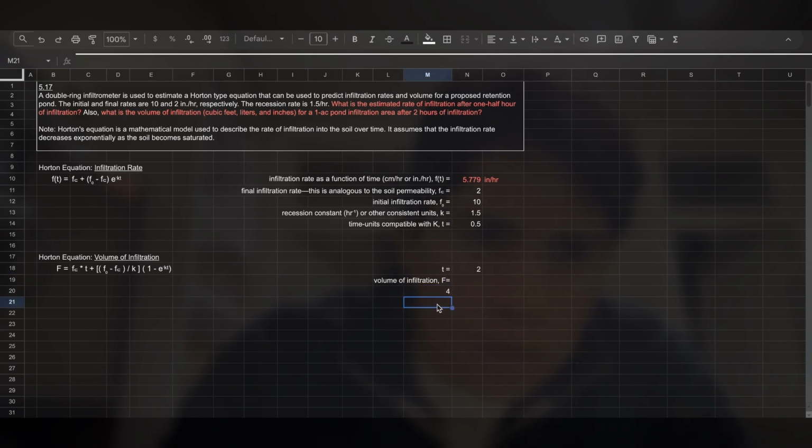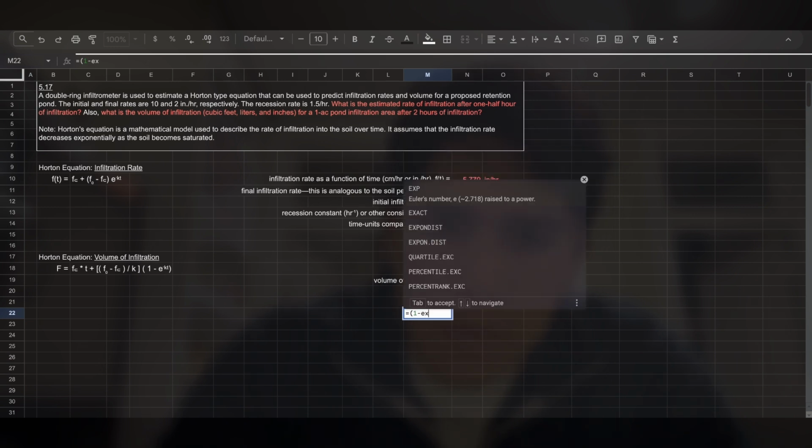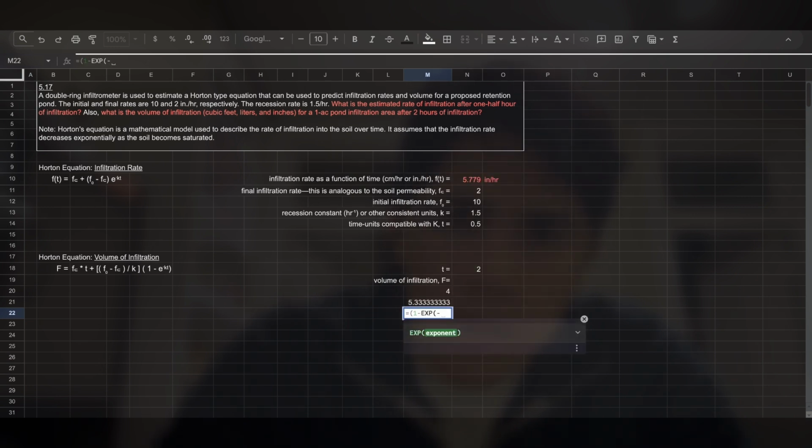Okay, we got that. Now the next part equals the difference, initial minus final, divided by k. And now the other one, which is 1 minus the exponent of negative k times t, which is 2 hours now, and another parenthesis.